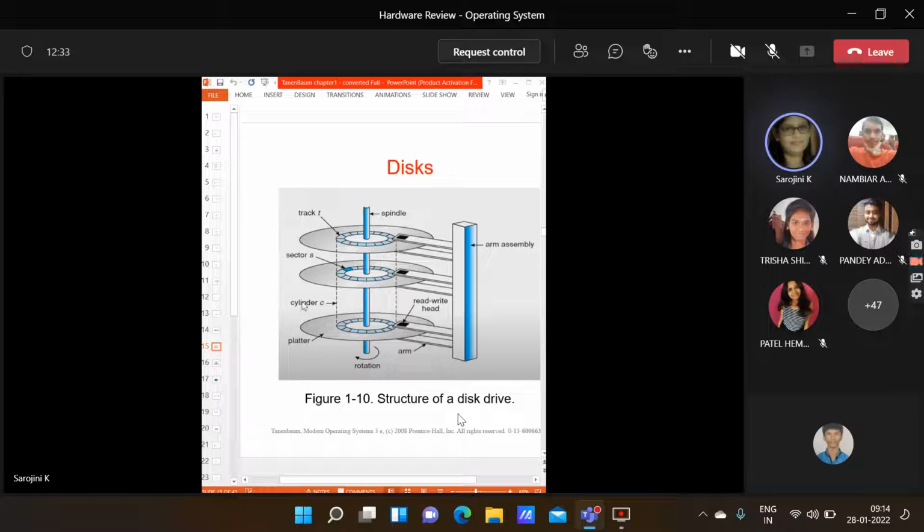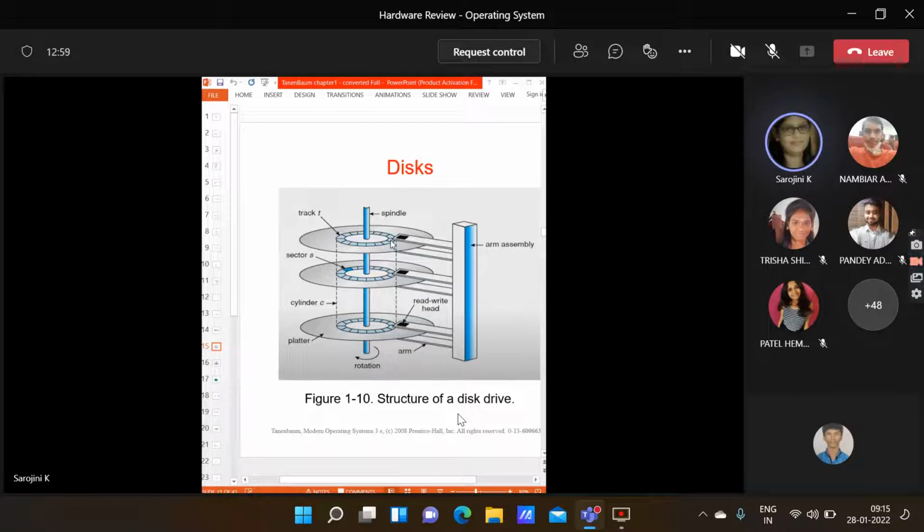What is a cylinder? At any point of time, the read-write head's arm position will be on one particular track. For example, assume it is on track number 2.